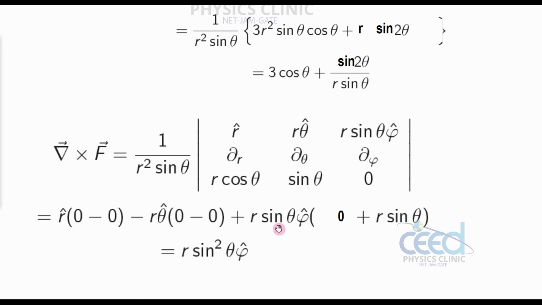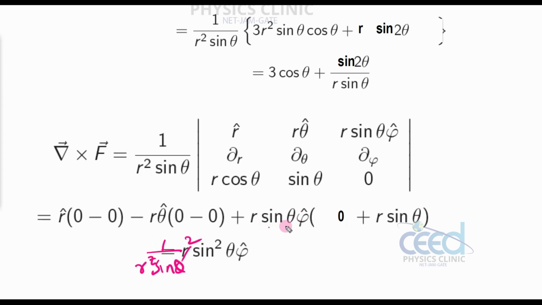Okay, so this is the result, and I forgot to put the factor outside the bracket: we have 1 by r² sin θ, that also we have to add. So this is 1 by r² sin θ, and here also we have r² sin² θ φ cap.